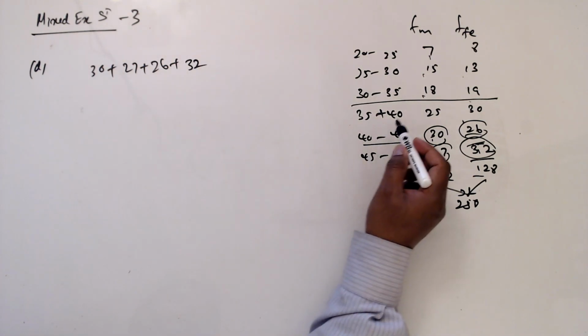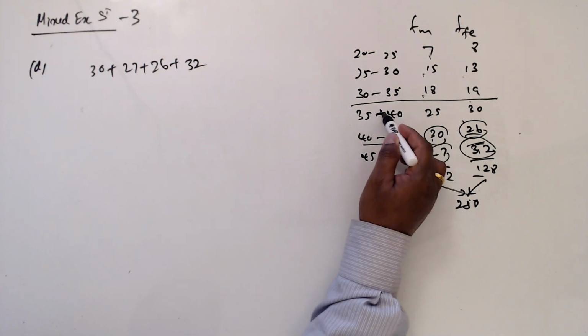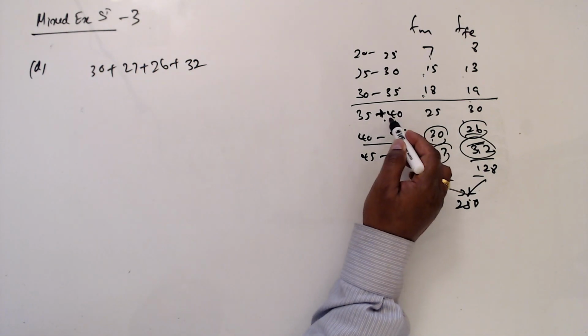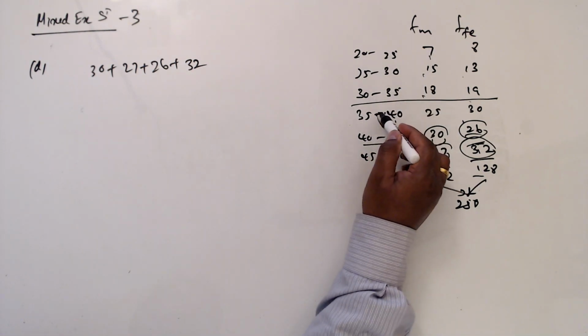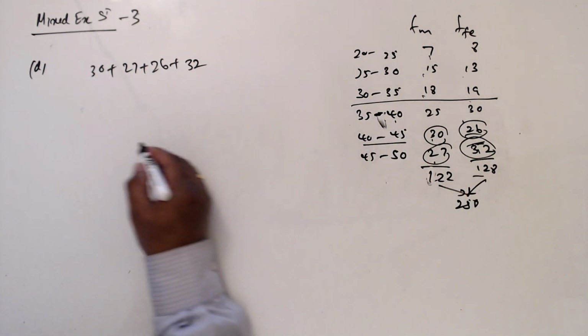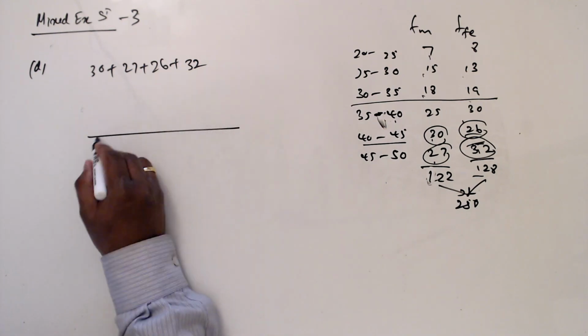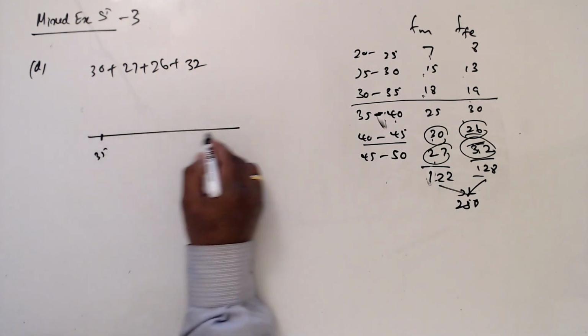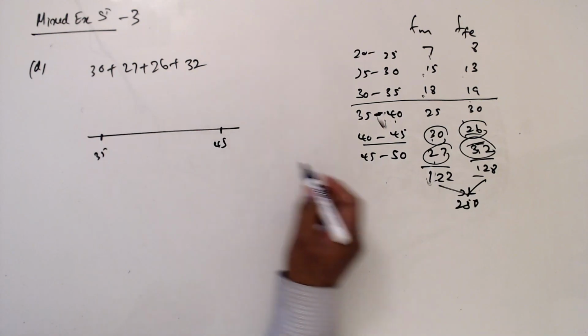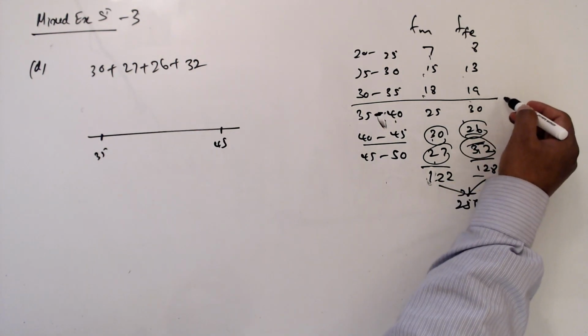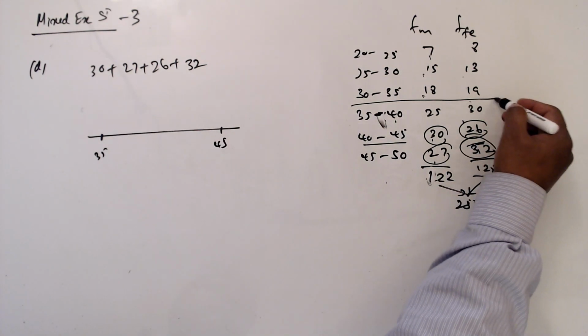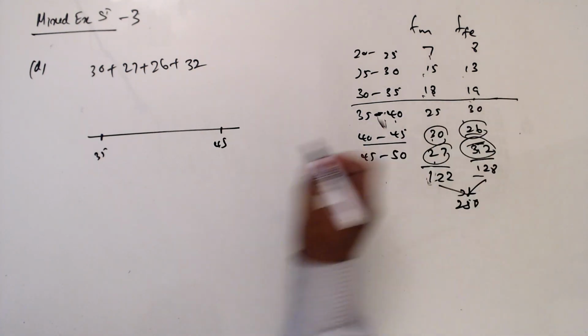And now we have to find the amount from this 37 to 40. So we will do interpolation. This is 35 and this is 40. We'll do a total interpolation to a total. So 18 plus 19.